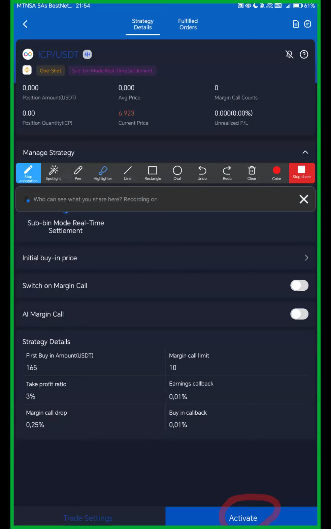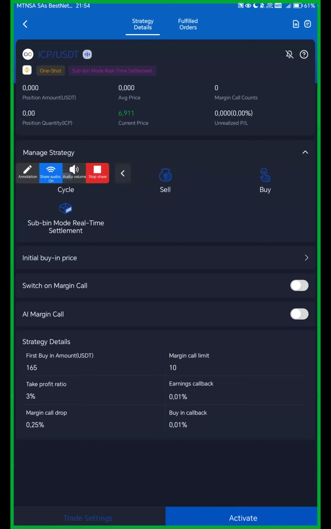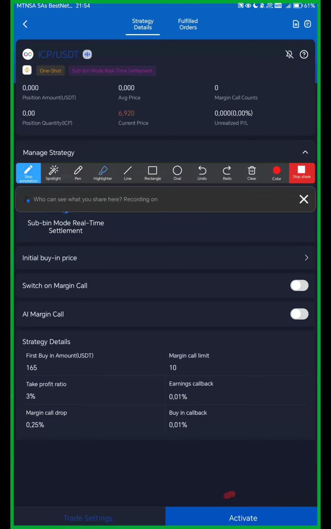Remember, there is a condition for this trade to happen. What is the condition? Please remind me. Why is it not buying immediately?